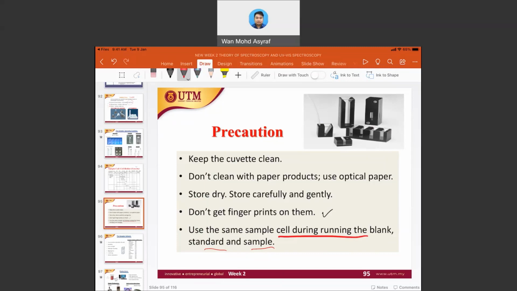If you only have two cuvettes, just use the two, don't buy a new one, because those two will have the same deviations throughout the experiment. If you have cleaned everything, just use that one when running the blank, the standard, and the sample.